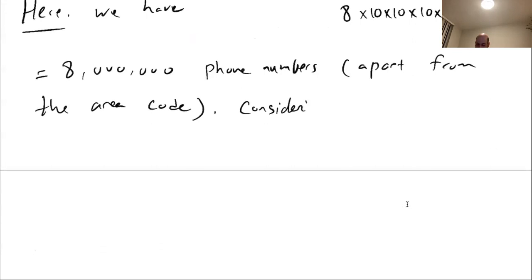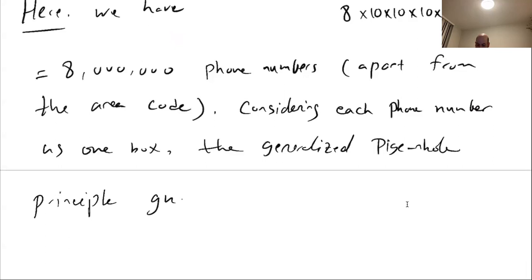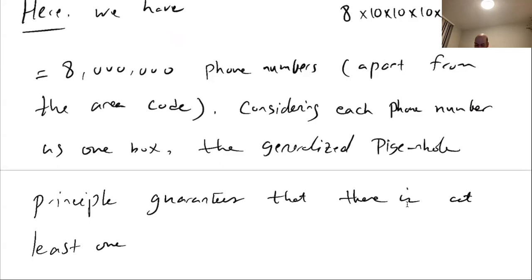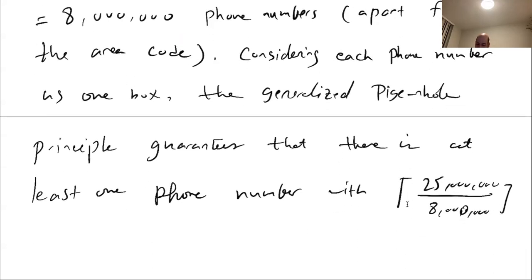Considering each phone number as one box, the generalized pigeonhole principle guarantees that there is at least one phone number with ceiling of 25 million divided by 8 million people, which is 3 point something, and the ceiling of 3 point something means 4.